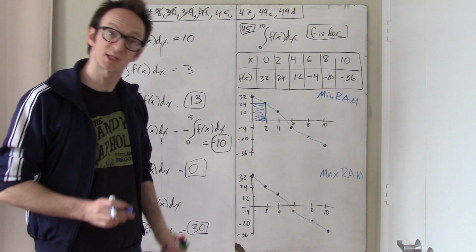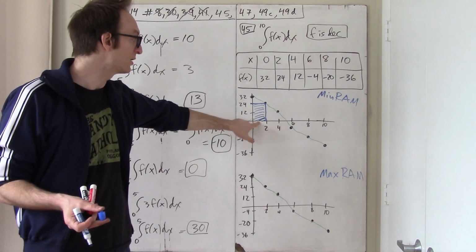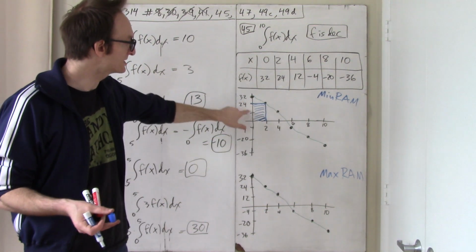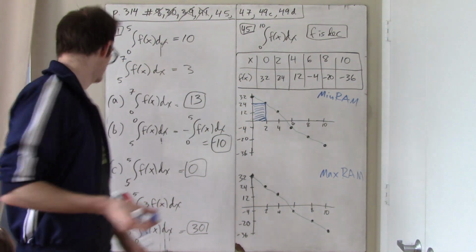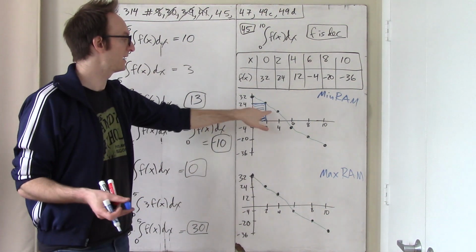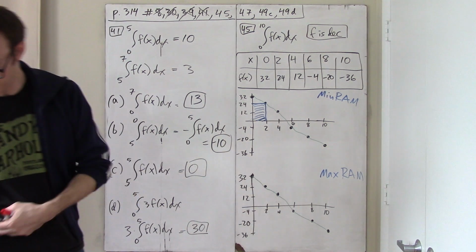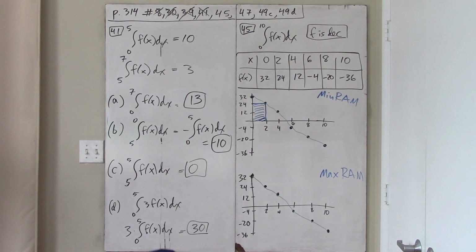Which is just a fancy way of saying, draw the smallest possible rectangle which matches the function. Since this function is decreasing, I'm going to use a right rectangular approximation method on this interval.